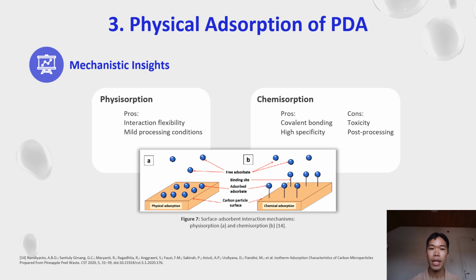On the contrary, physisorption uses non-covalent interactions like hydrogen bonding and so on, which are simplified, more flexible ways to modify surfaces. This is especially advantageous when applying PDA to biointerfaces, as it enables the creation of coatings that can be easily applied, removed, or altered under mild conditions, thus minimizing the need for harsh chemical processes.